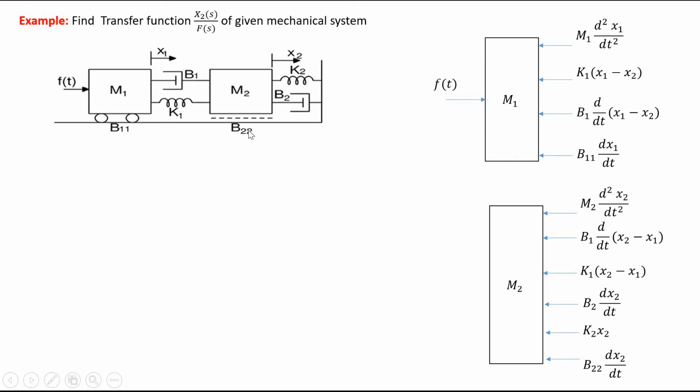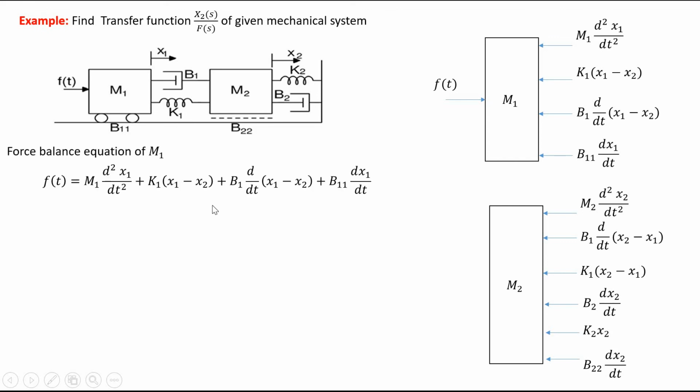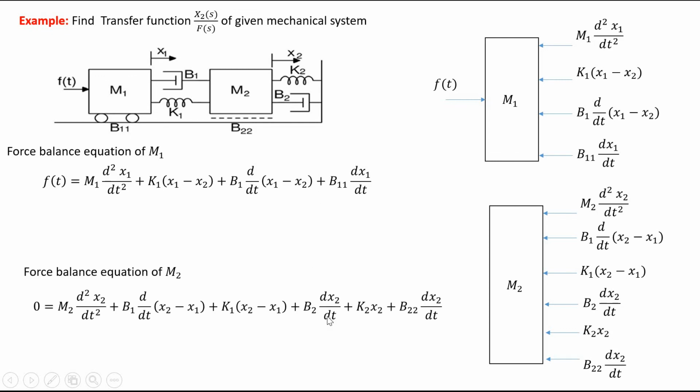We have to consider this also, and now we can write the force balance equation, and we can solve by applying Laplace. So the example shows that we can also take the frictional coefficient as b11 dx1 by dt and b22 dx2 by dt.